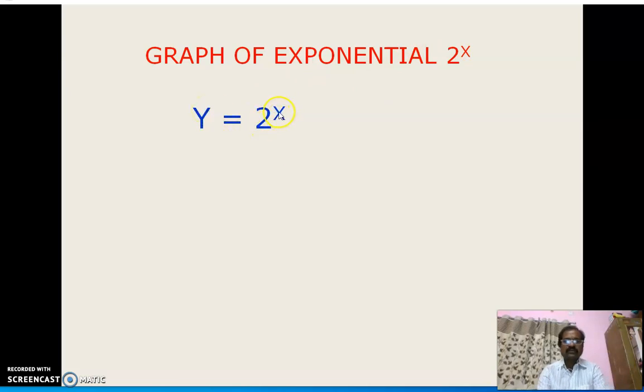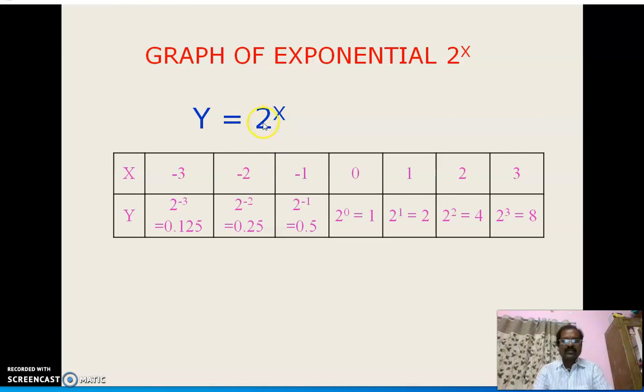The x value is taken on the x axis, the y value on the y axis. For x comma y as an ordered pair, we can plot the point on the graph. So for drawing the graph, we need coordinates.